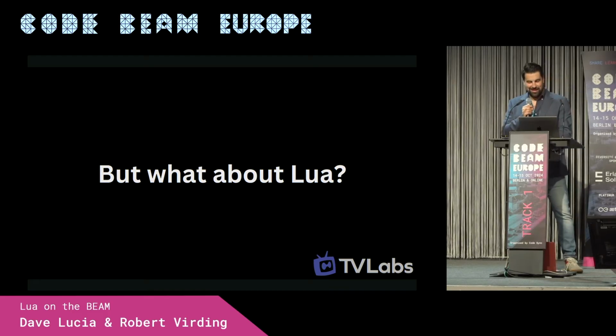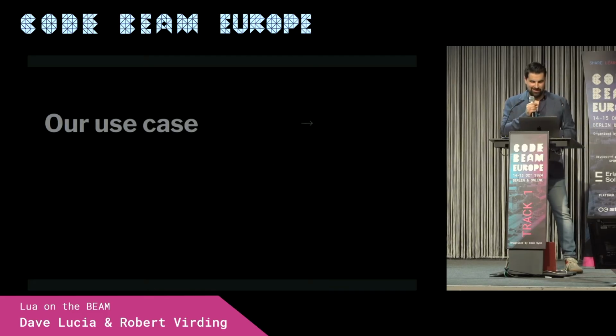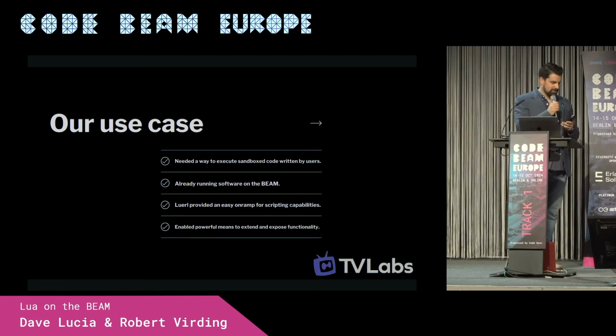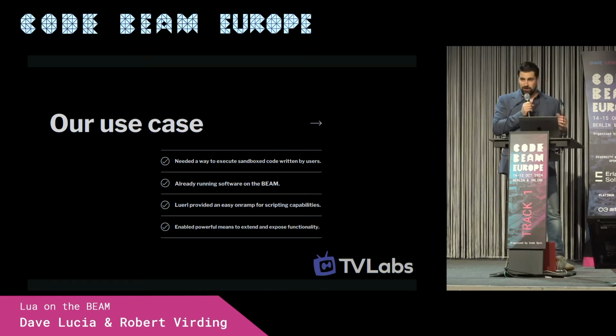So yes, we do use Lua. When we were originally building our product, we needed a way, just for a prototype, to automate something on a television. We are running Elixir in our web cloud platform, and on our edge devices that run with our televisions, we are also running Elixir.